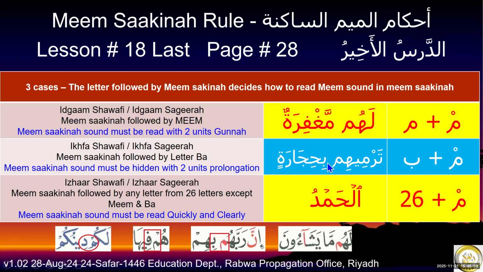Again, 2 units prolongation here. In idgham shafawi, 2 units prolongation. In ikhfa shafawi, 2 units prolongation. Now the third case is meem sakina followed by the 26 letters except meem and except ba. In this case, the meem sound should be pronounced quickly and clearly. It should be as quick as possible. The technique here is touch both lips and release immediately.